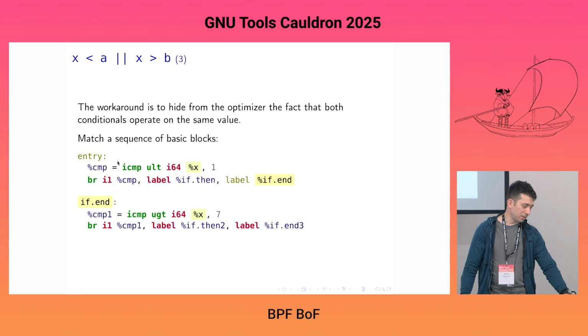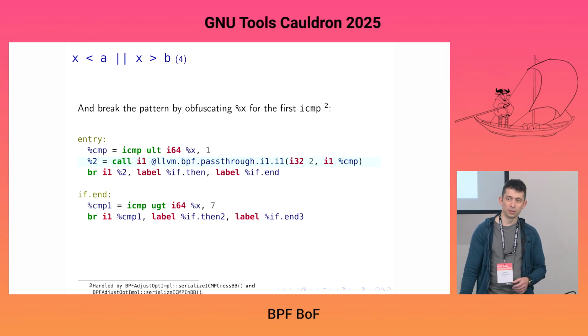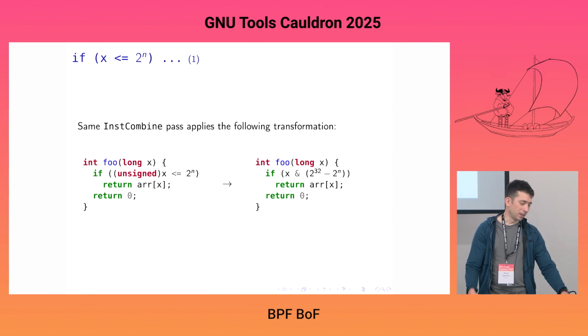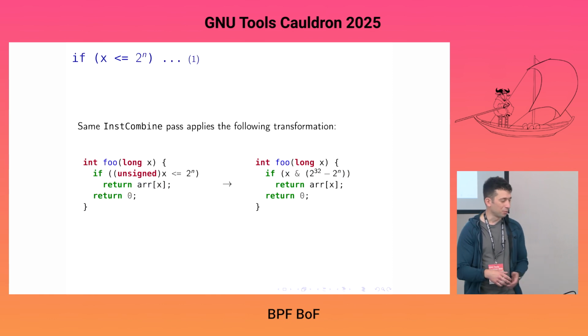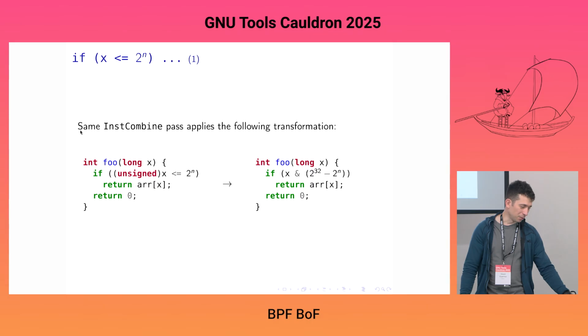And the hack here again is just to match the pattern and insert this intrinsic call, which basically blocks the pattern and prevents InstCombine from matching the thing. Another pattern: if you compare something with a power of 2 constant, it is replaced with an AND operator.